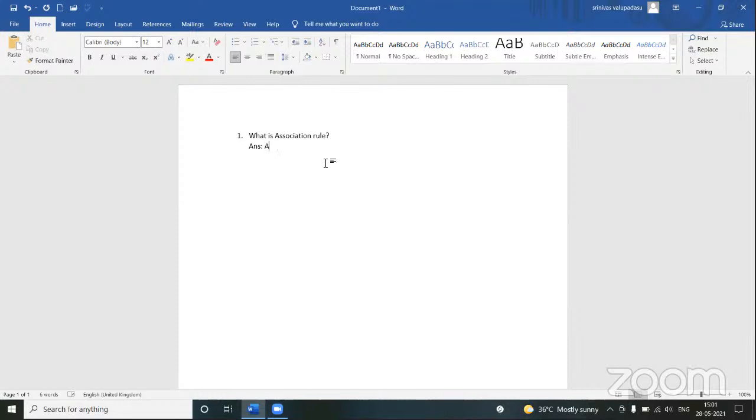So we can say association rule finds interesting relationships among a large set of data items, which is used for the decision making process.